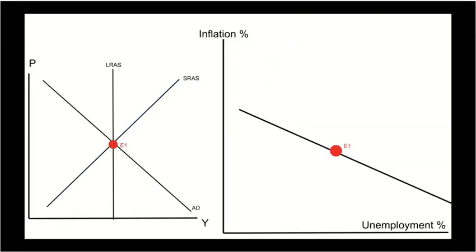Now, if you want to translate this to the Phillips curve, at first we're going to plot our original equilibrium. So that's what we have here, E1. And remember your Phillips curve is going to be downward sloping.